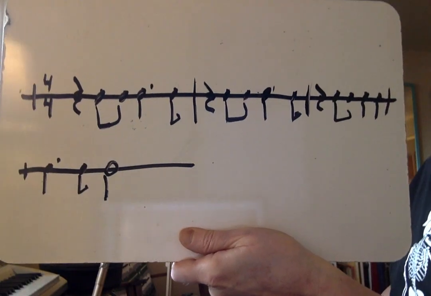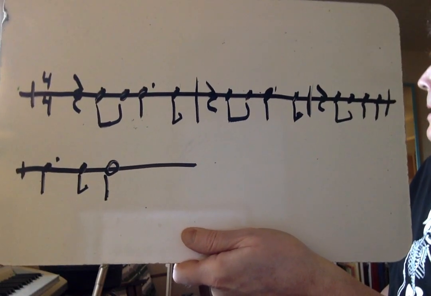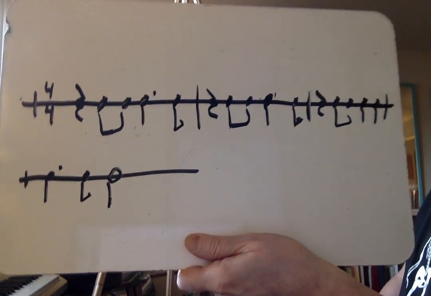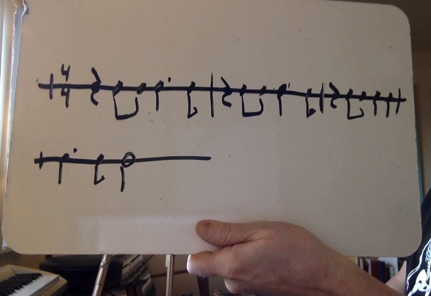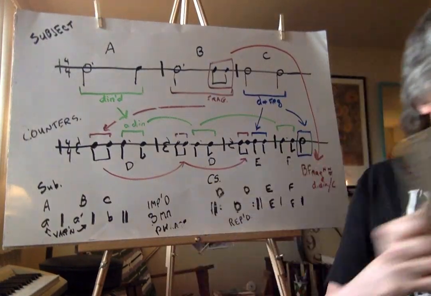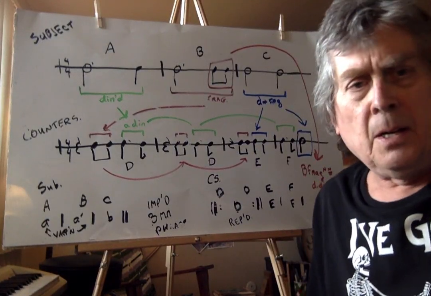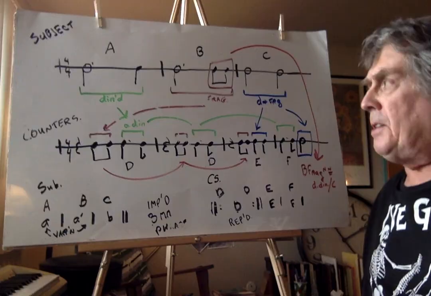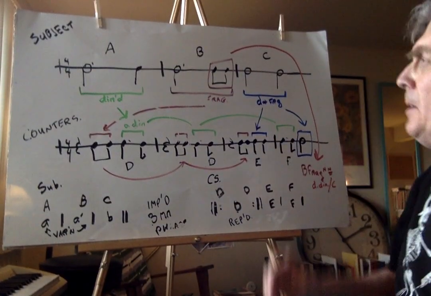In the third measure, you have quarter rest, two eighths, and two quarters, and then finally in the last measure, you have dotted quarter, eighth, and a half note. So those are sort of the basic rhythmic skeletons of this fugue subject and its countersubject, if you will.